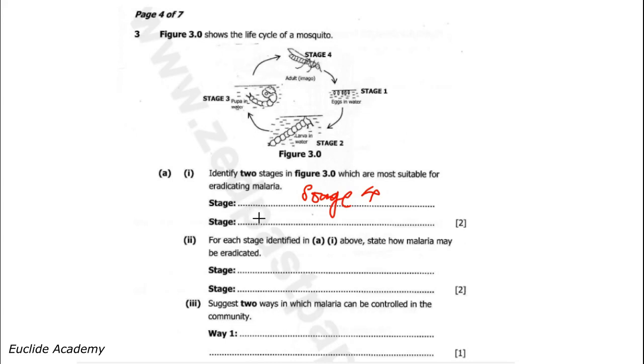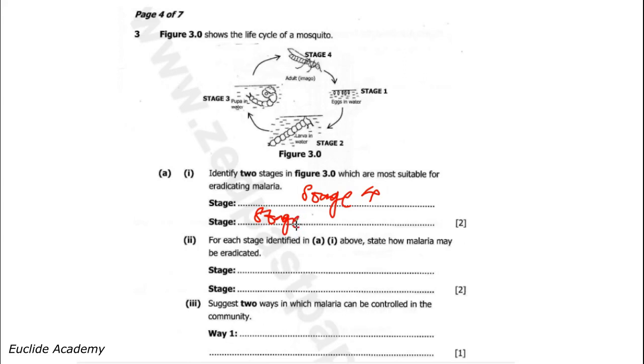You clear mosquito breeding places, tall grass in stagnant water. So that talks about stage number 1, which is eggs in water. So for stage number 1, you clear all those stagnant streams. You even spray where you have streams in tall grass. If not, you clear them out.